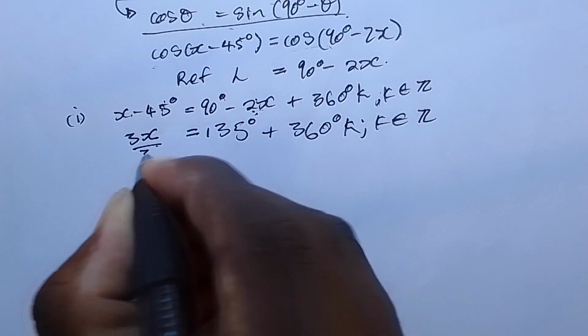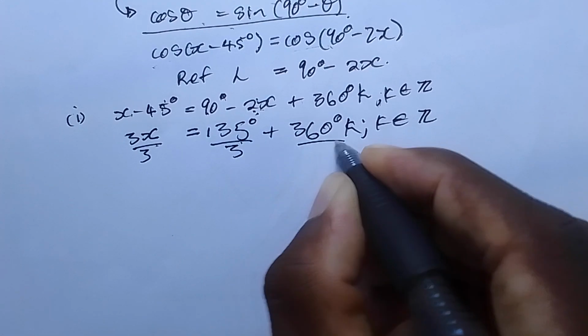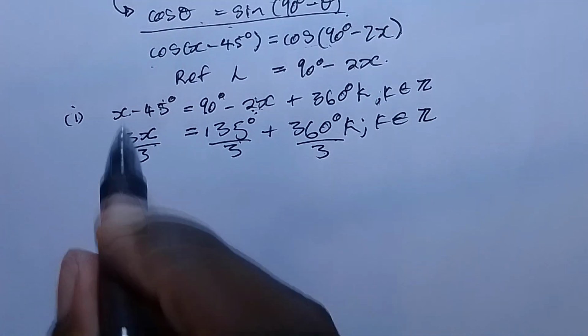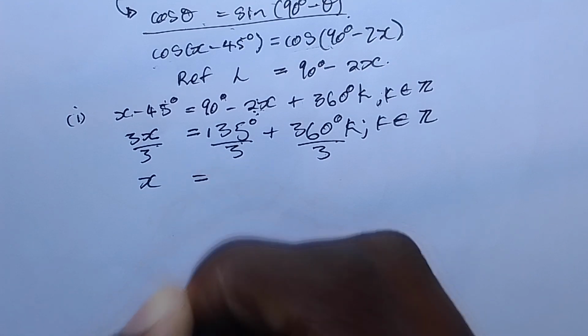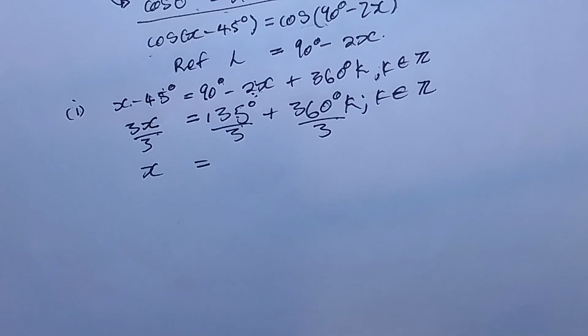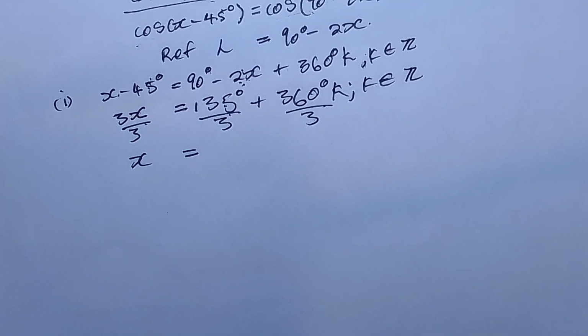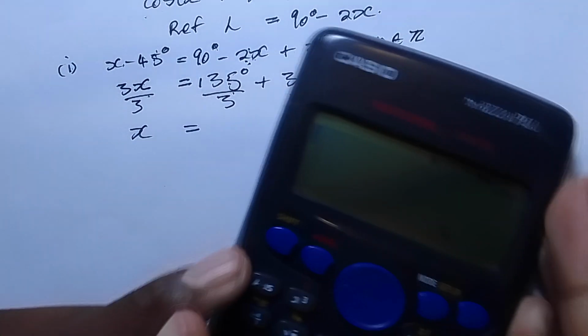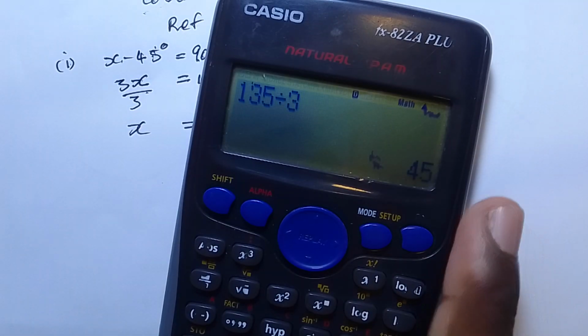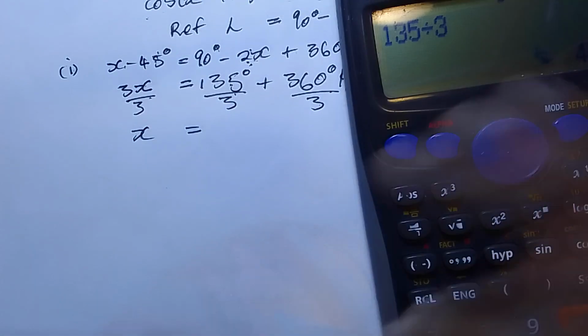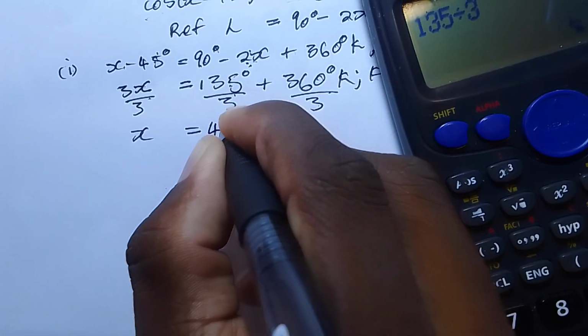Now you divide by 3 here, here, and here, because you want to isolate the x. 135 divided by 3 is 45.